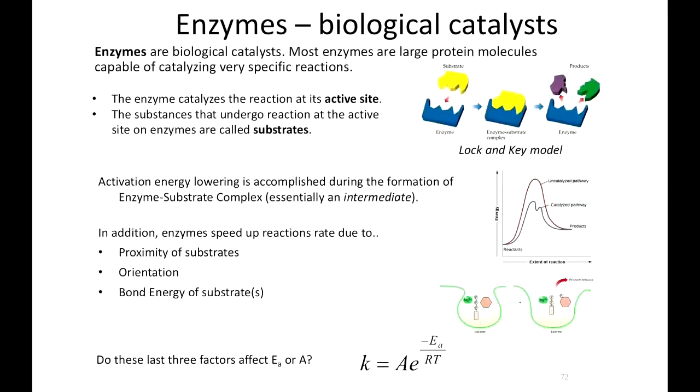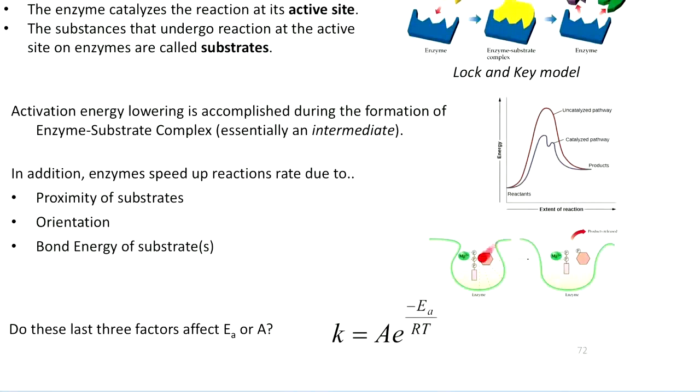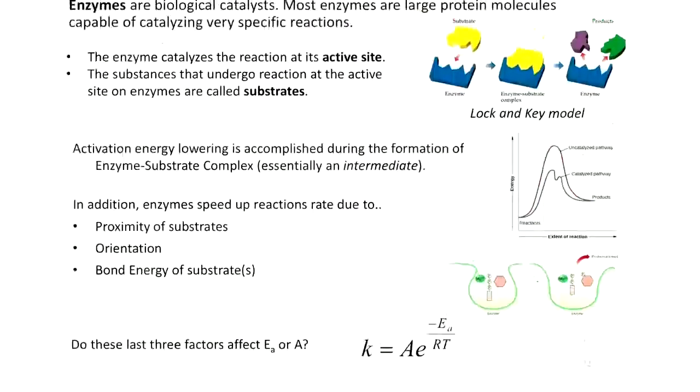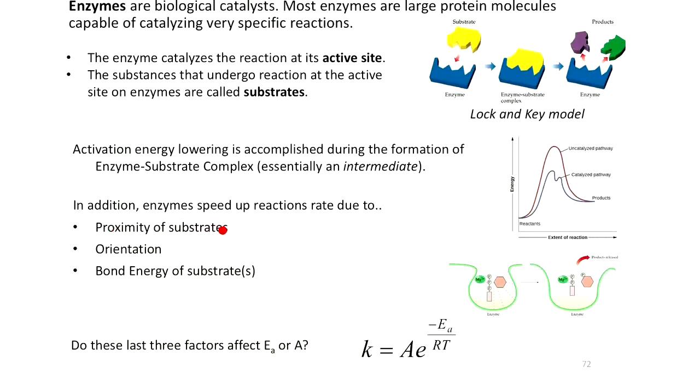All right, so enzymes work exactly the same. We're giving the reactants a new pathway to get to products, but specifically how enzymes work is usually there's a pocket where your reactants fall into. By those reactants going into the pocket, we bring the substrates or the reactants closer together.